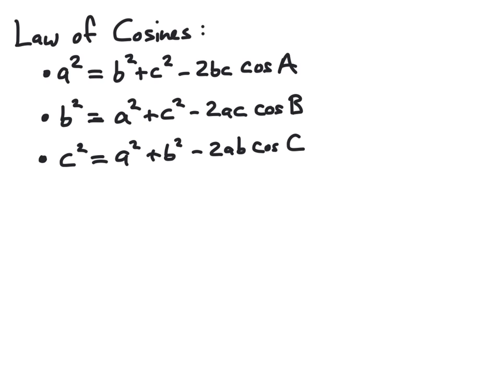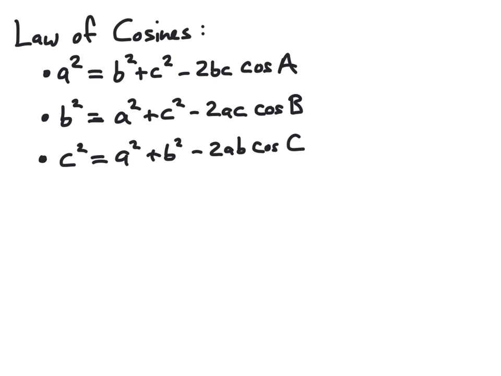The standard version of the law of cosines is stated here. Notice there's actually three different formulas, one solved for a squared, one solved for b squared, and one solved for c squared, so that regardless of the situation we find ourselves in, we can always find side length A, B, or C using one of these three formulas.